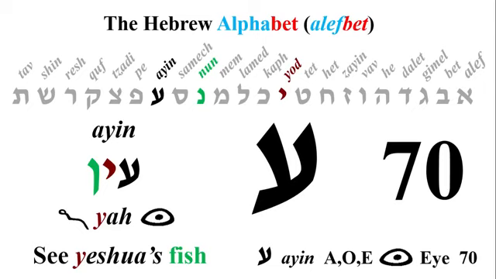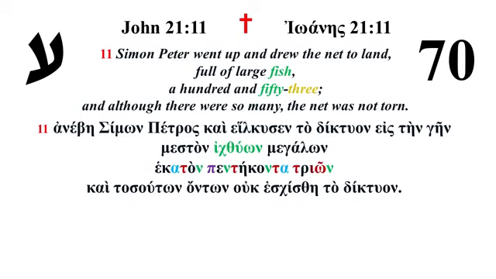This is after Jesus has been crucified, buried, resurrected, and now the disciples are up on the Sea of Galilee fishing. And in verse 11, it says, Simon Peter went up and drew the net to land, full of large fish, 153.